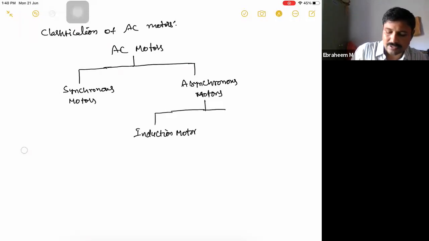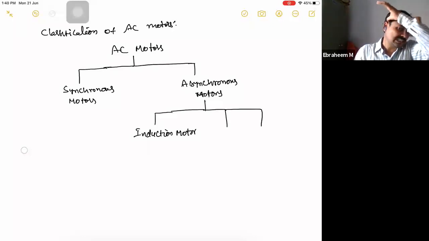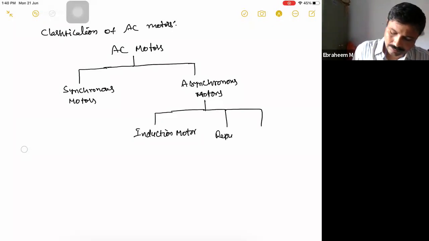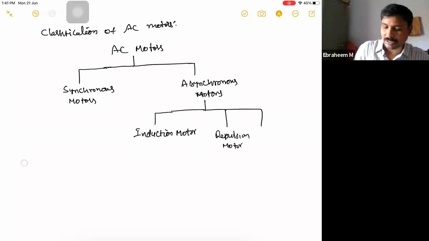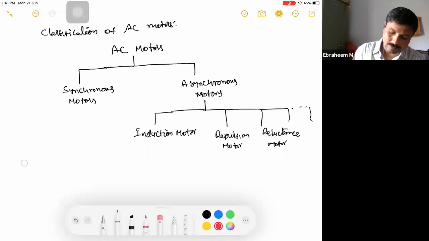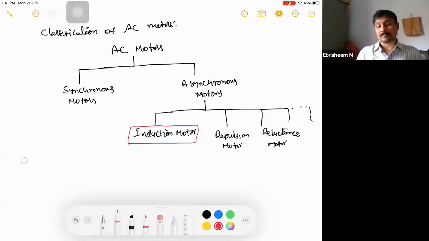There are other motors also, like repulsion motors and reluctance motors, etc.